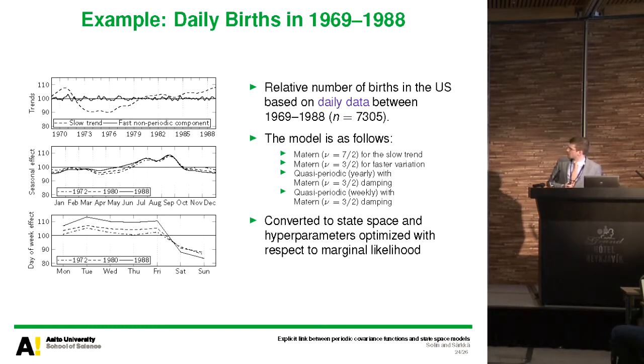In this case, we used maximum likelihood estimation of the hyperparameters to optimize the model. We have six covariance functions altogether, so that we end up with a lot of hyperparameters. And luckily, the Kalman filtering approach lends itself very well to marginal likelihood calculations.